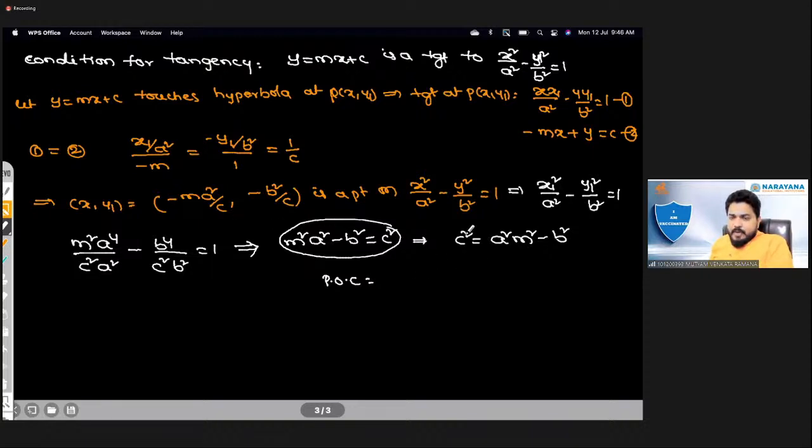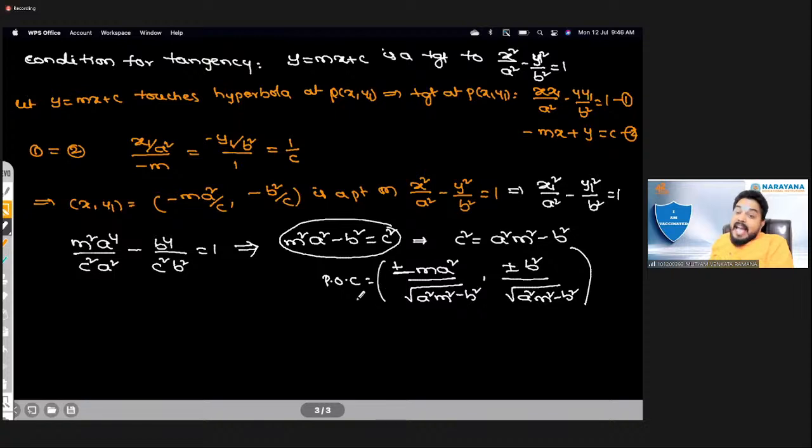Okay. So point of contact is, actually you can take plus or minus, m a square by root over a square m square minus b square comma plus or minus b square by root over a square m square minus b square.